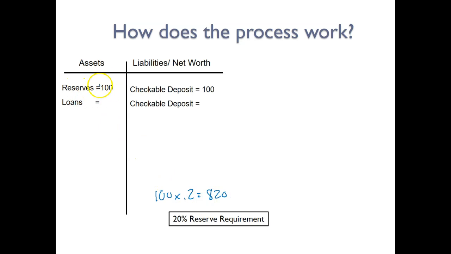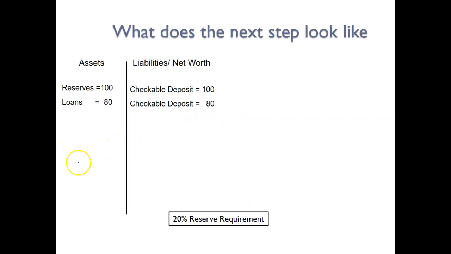They have actual reserves of 100. So actual reserves of 100 minus required reserves equals the excess reserve, which in this case is $80. Because they're going to make a loan for $80, this $80 will become a checkable deposit for $80. We've seen that before. But what happens next is what we're talking about now.